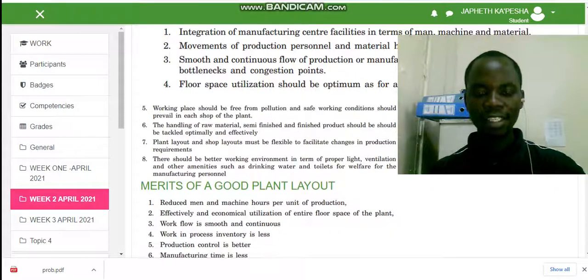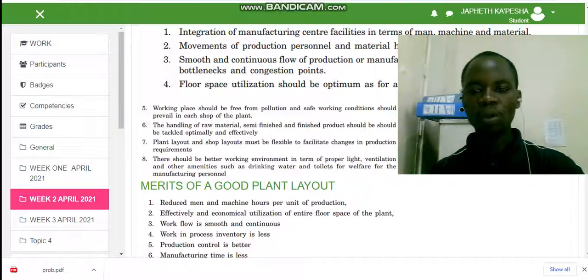The third advantage is that workflow is smooth and continuous. It is very important that during the manufacturing process, the material flows easily and the work moves easily. This is only possible if the finished materials and semi-finished materials are properly organized, and that is what is necessitated in a good plant layout.